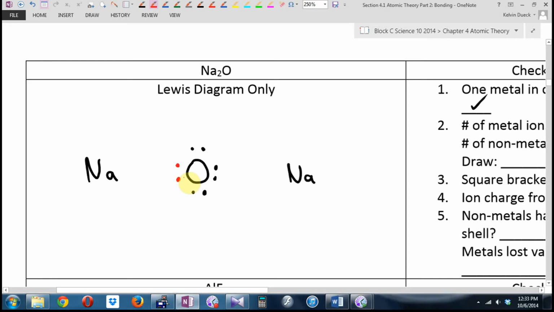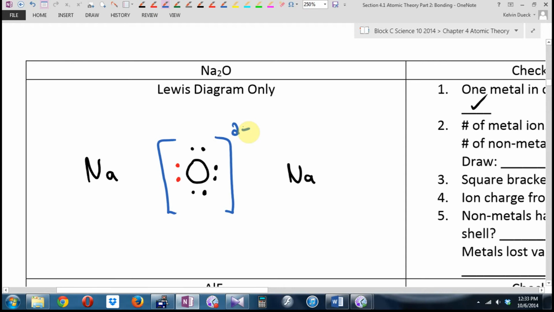That makes it an ion. Did I say ion? Oxygen, what's its charge? 2 negative. Can you see from the colored picture why it's 2 negative? It's picked up 2 extra electrons.